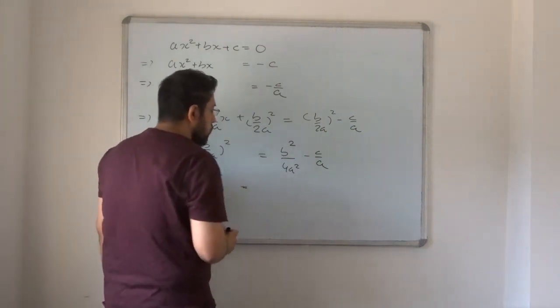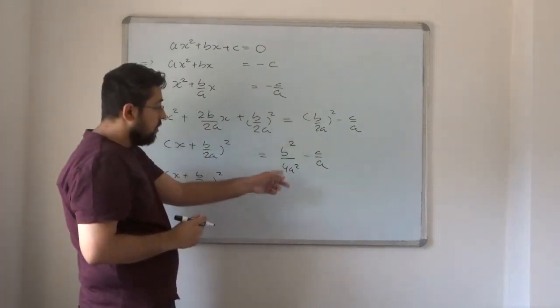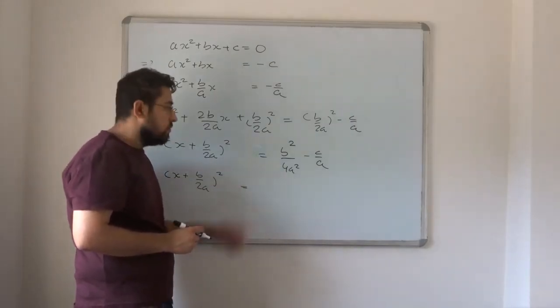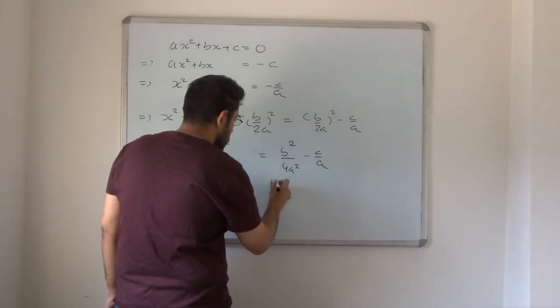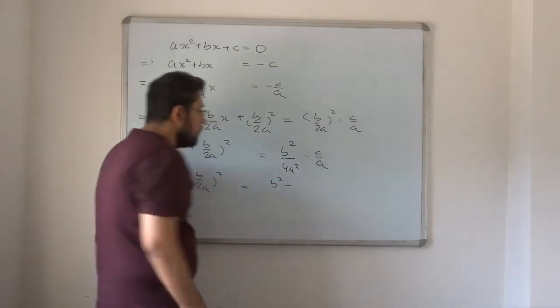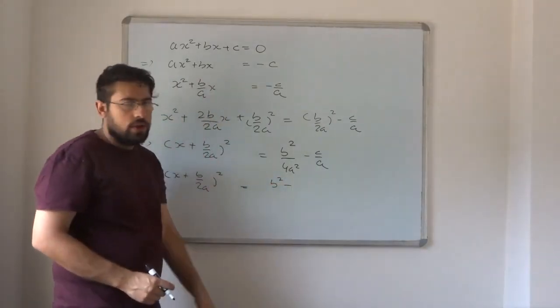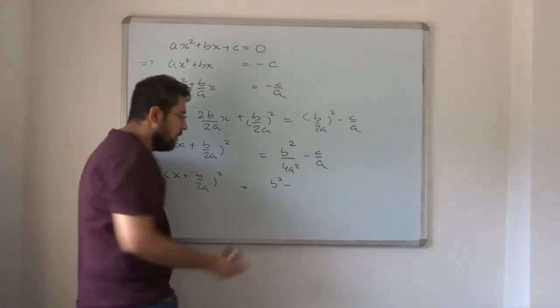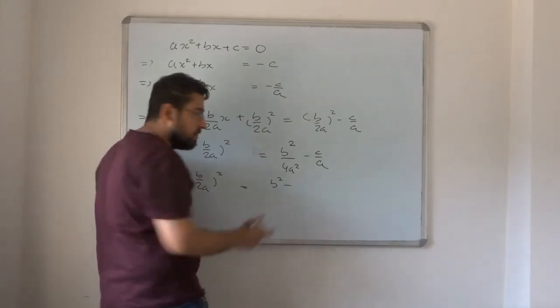Now obviously, guys, 4a squared divided by 4a squared is 1, so you have b squared. And 4a squared divided by a gives you 4a, because 4a squared is the LCM.